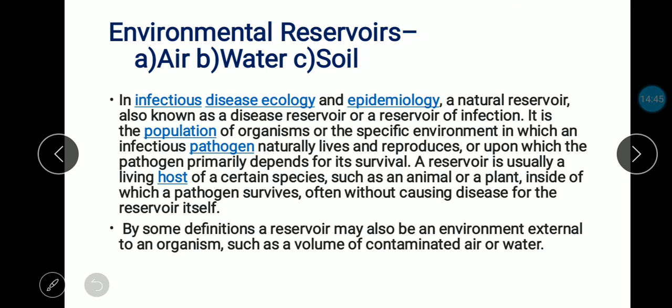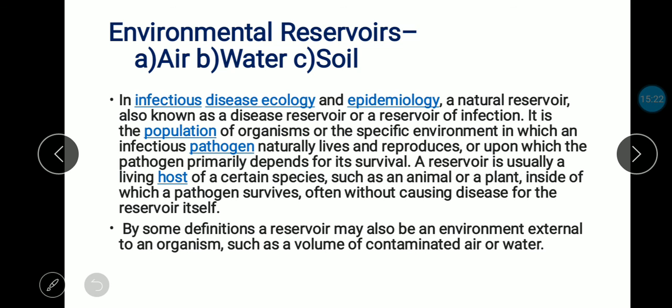It is a population of organisms or a specific environment in which an infectious pathogen naturally lives and reproduces, or upon which the pathogen primarily depends for its survival. A reservoir is usually a living host of a certain species, such as an animal or plant, inside which pathogens or viruses survive, often without causing disease for the reservoir itself.